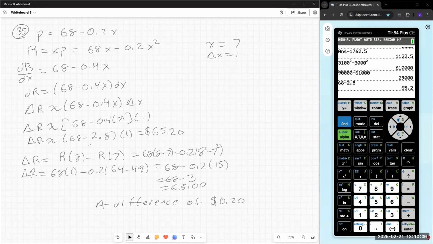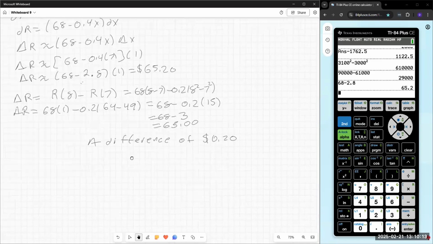Part B asks us to repeat that second set of steps there for x equal to 70 and delta x equal to 1. So the change from 70 to 71.